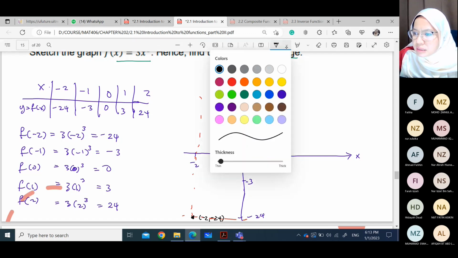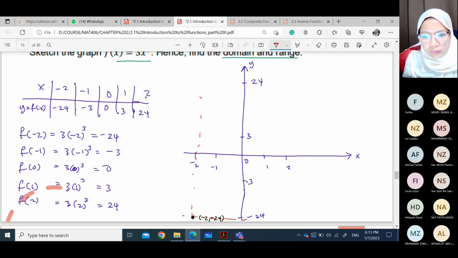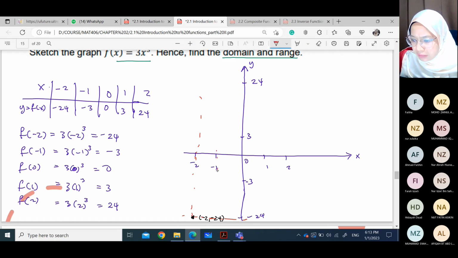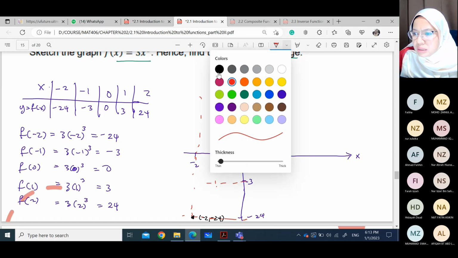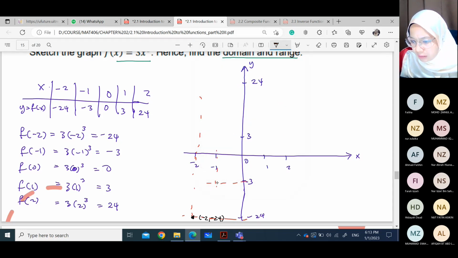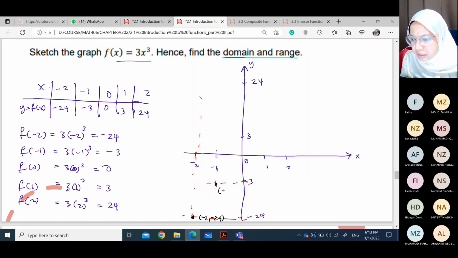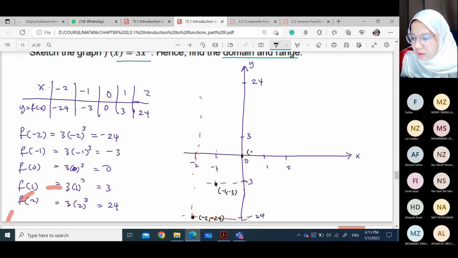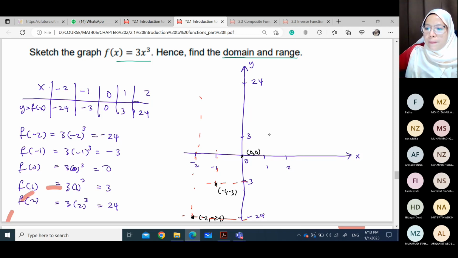Okay, so next, X negative 1, Y is negative 3. So point dia di sini. So this one is a negative 1, negative 3. So next, X0, y0. So kat sini lah. So di sini origin. Kita panggil origin dekat sini 0, 0.